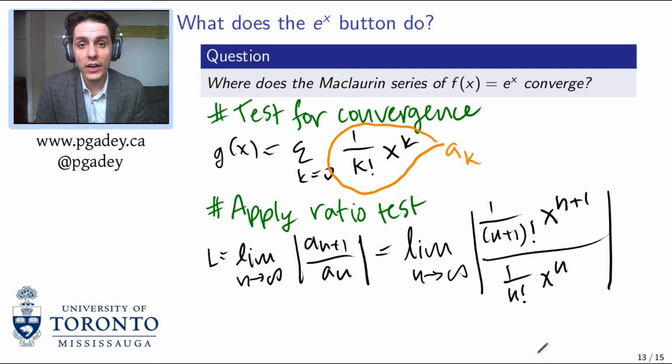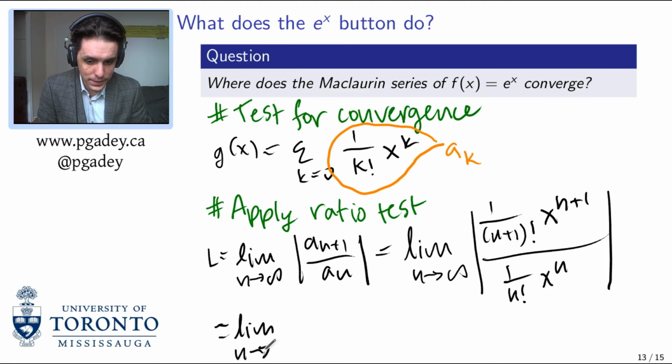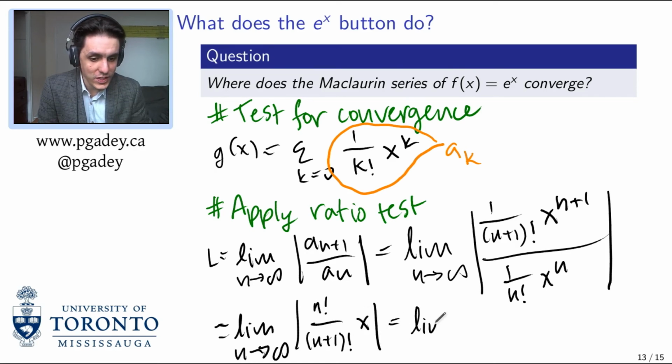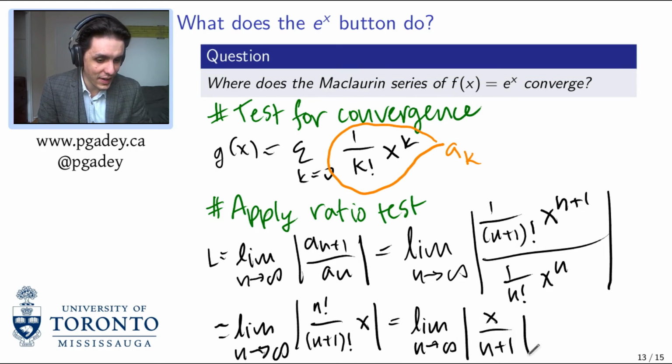Notice that we have a lot of terms that are common to the numerator and denominator. So this is the limit as n goes to infinity. We'll cancel out the x to the n's. We get n factorial over (n+1) factorial times x, which is the limit as n goes to infinity of x over n+1. And that will always be 0.